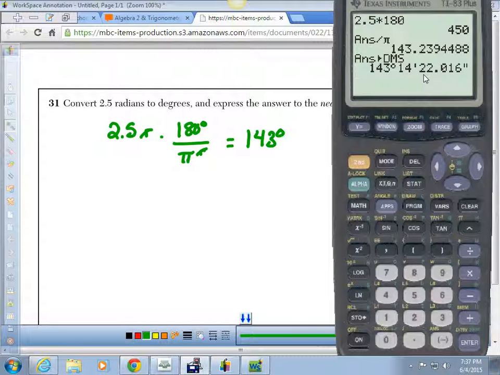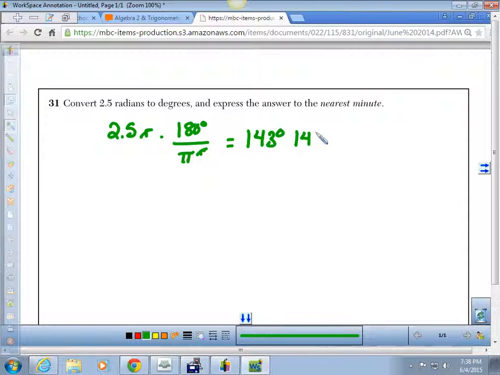So what we've got to ask is: is 22 seconds enough to round us up to the next minute? Well, how many seconds do we need to go up to the next minute? 30 or more, because there's 30 seconds in half a minute. So if we have more than half, then we can go up. But is 22 enough to bring us up? Nope. So we keep it at 14 minutes. 143 degrees and 14 minutes.